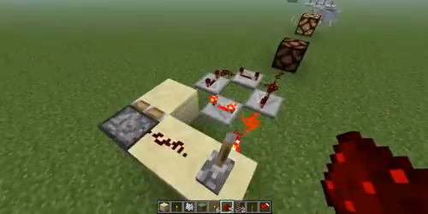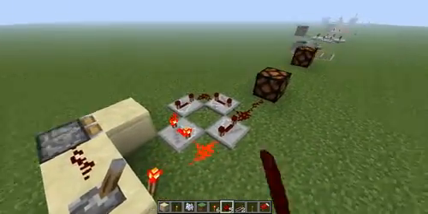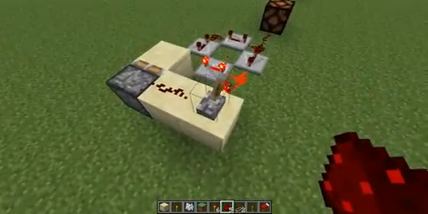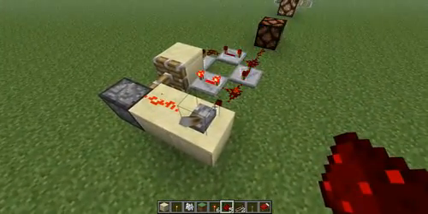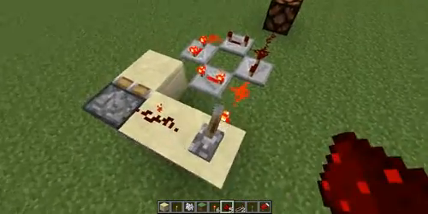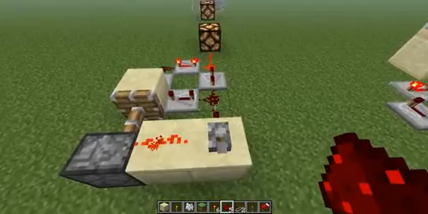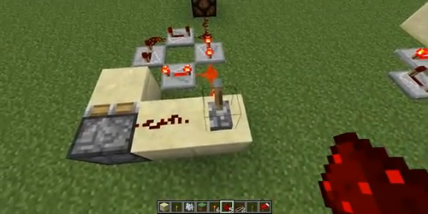Oh, so this is the way to turn that clock on and off. This is actually a monostable circuit that we will learn about later.